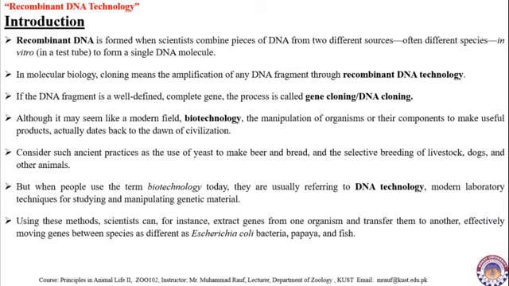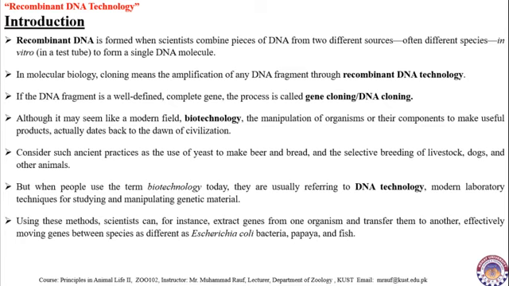Now, using these methods, scientists can, for instance, extract genes from one organism and transfer them to another, effectively moving genes between species as different as E. coli, bacteria, papaya, and fish.